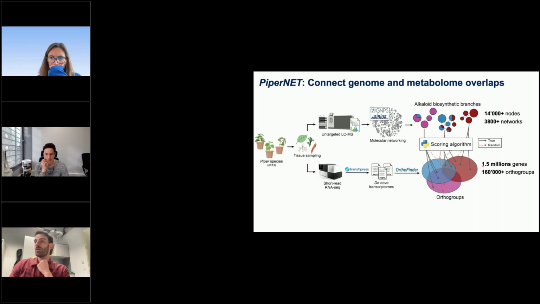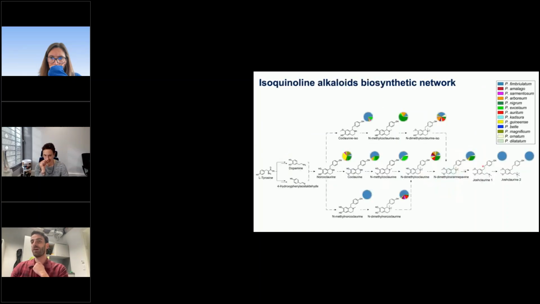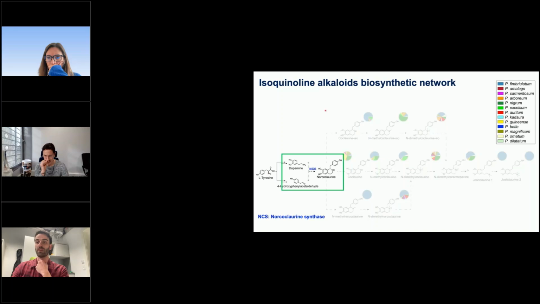And so once we got this set up, the only thing that was left to do was to just try it out. And we started from the isoquinoline alkaloids network, and specifically from the very first step in the pathway, which is the coupling of dopamine with this aldehyde to form norcoclaurine, which is the first precursor of this class of alkaloids.